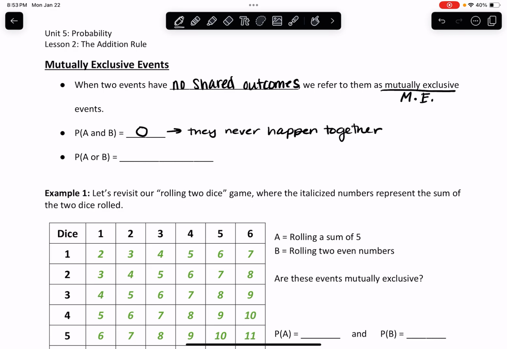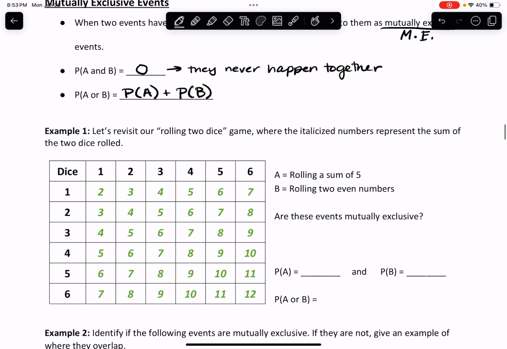If we look at the probability of A or B happening, and those events are mutually exclusive, all we have to do is add our separate probabilities, the probability of A plus the probability of B. Because they have no shared outcomes and they never happen together, the probability of one or the other happening is just a simple addition.